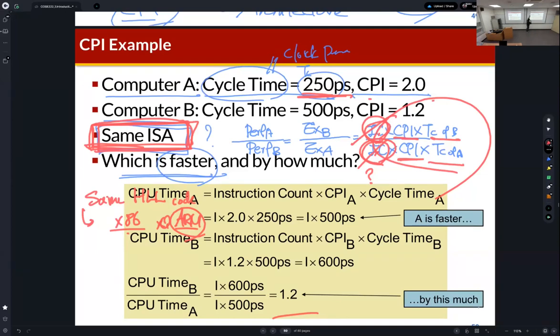If we use a different ISA, instruction set architecture, then we cannot compare. You understand? It is because the ISA is related to the instruction count. And as I mentioned, we need to start from the definition, so it's just execution time B and A, then the equation.